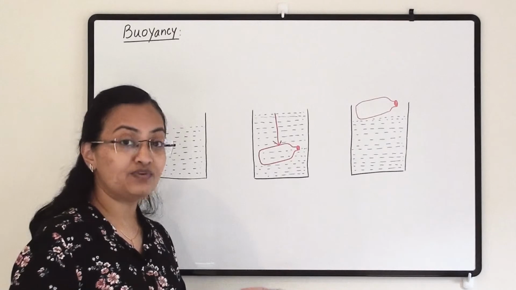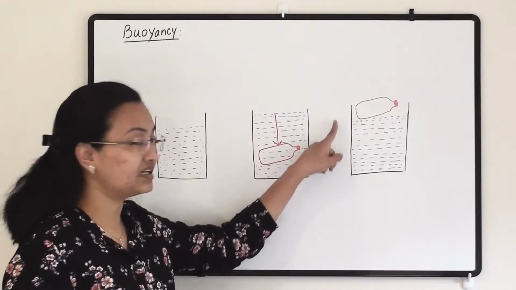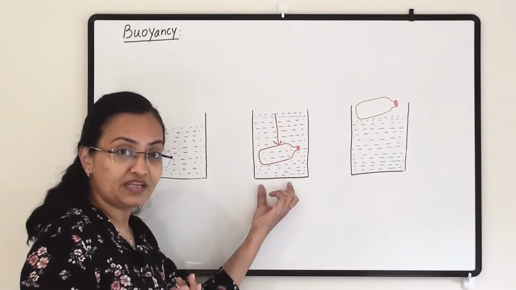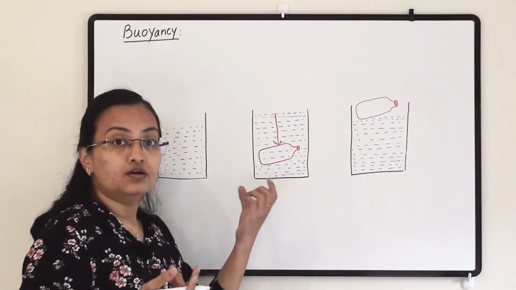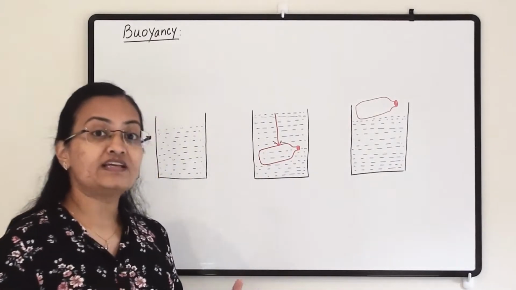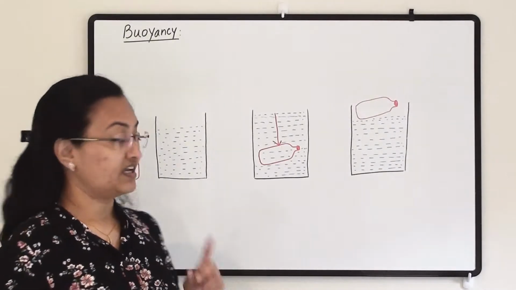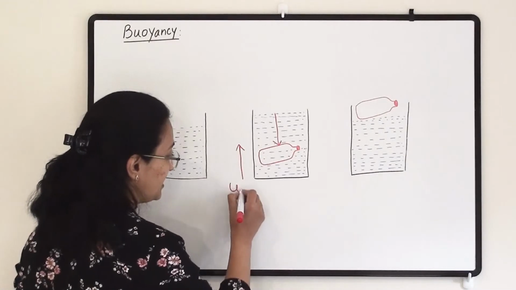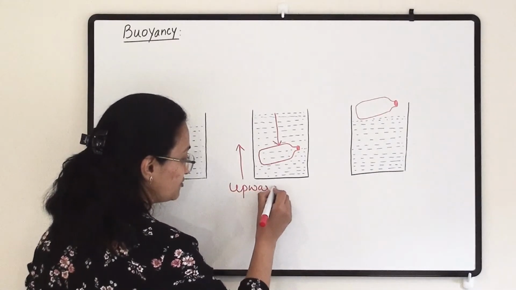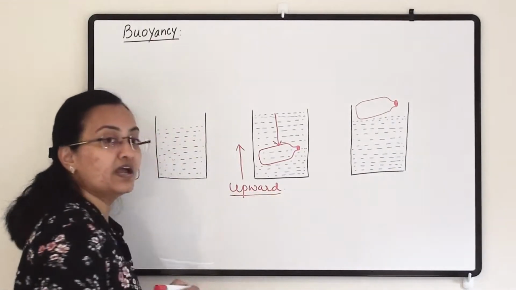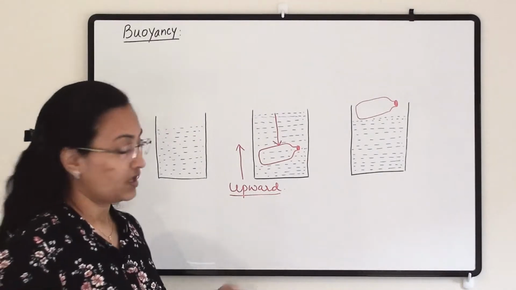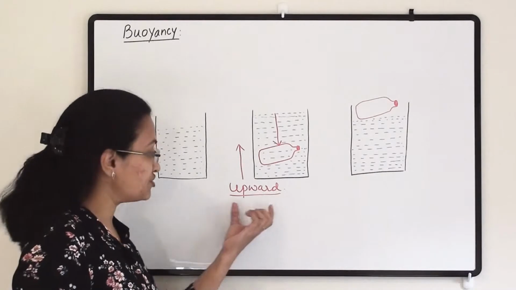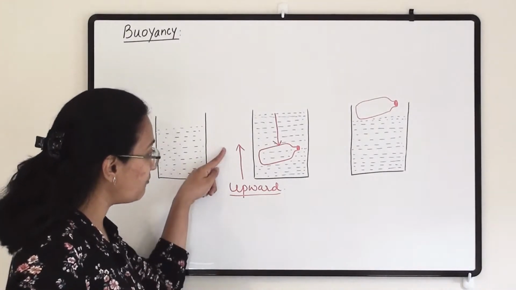But when we release this pressure, it jumps out and comes back. So what is happening? Fluids also exert pressure on the object, and that will be in the upward direction. This is known as buoyant force. So fluids also exert pressure on the object, which will be in the upward direction.